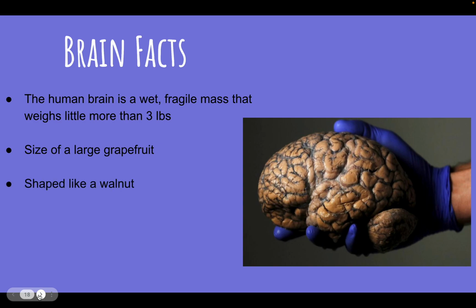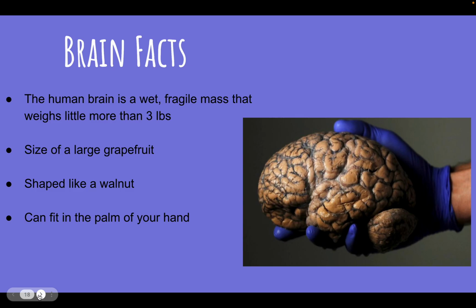It's shaped like a walnut, not only in the shape, but also in the ridges of the walnut shells. Brains have these ridges and concave areas, and it can fit in the palm of your hand. So this is the size of an adult brain, and this adult is holding it with one hand.